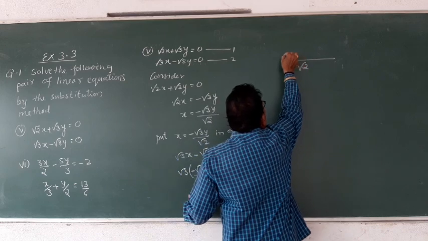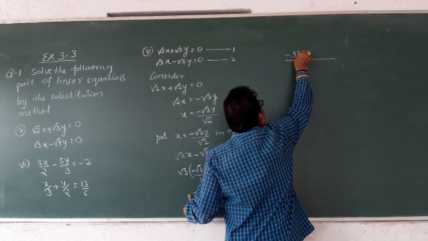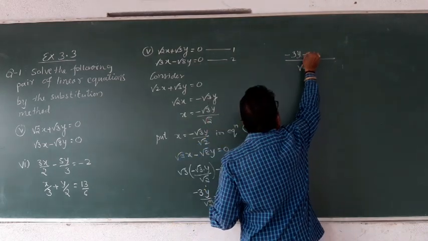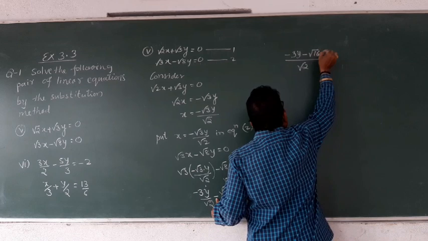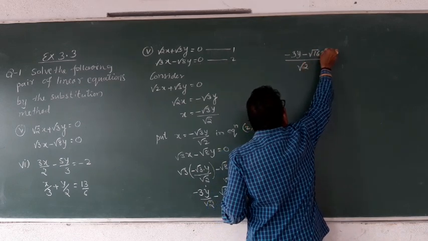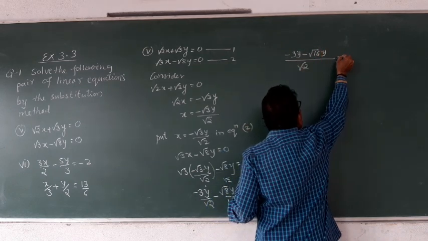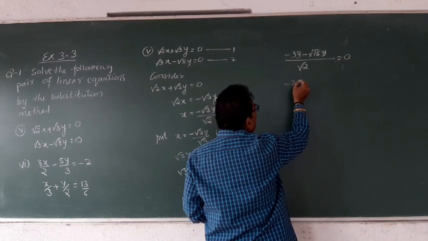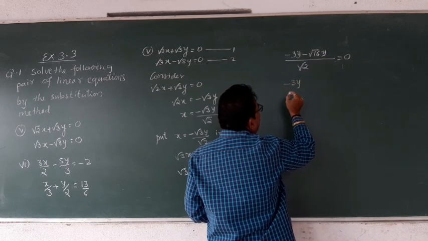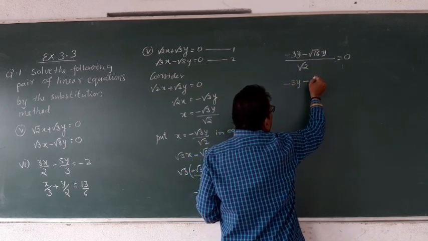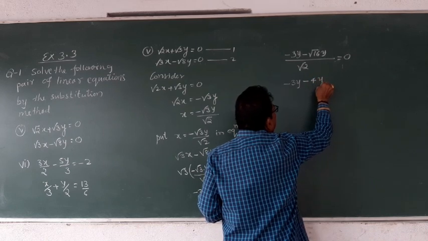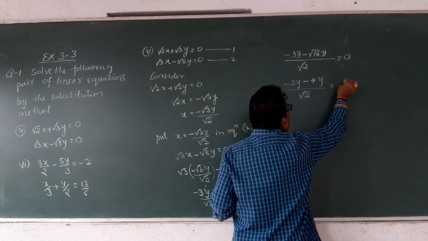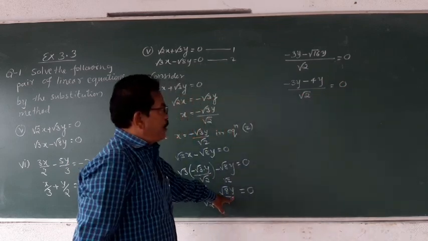So minus 3y minus root 16 y divided by root 2 equals 0. So minus 3y minus root 16, which means 4y, divided by root 2 equals 0.